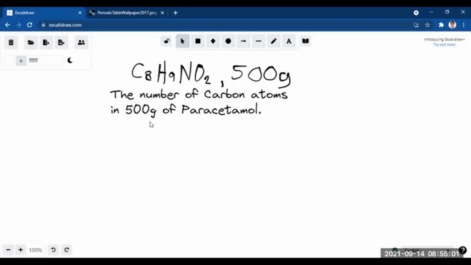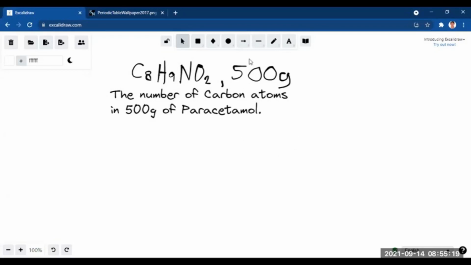In order to find the number of carbon atoms, again, we need to find the number of molecules. And then, in order to find the number of molecules, we need to find the number of moles of paracetamol in 500 grams.